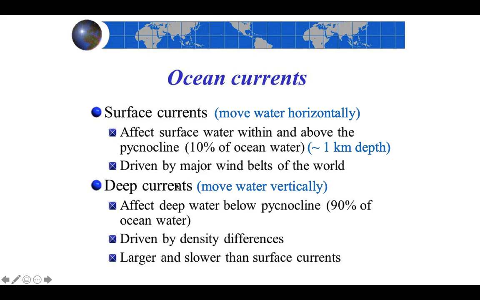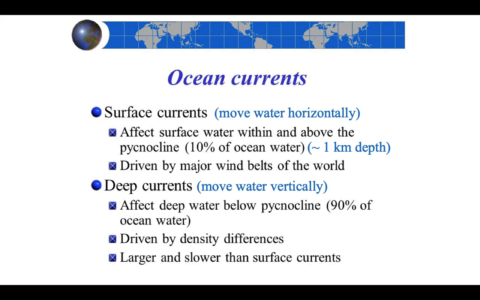Deep currents, on the other hand, affect nearly 90% of ocean water, and they operate below the pycnocline, so below that 1 kilometer depth from the surface of the oceans. And the major force behind these deep currents are the density differences in ocean water, and we're going to get into that in detail later on.